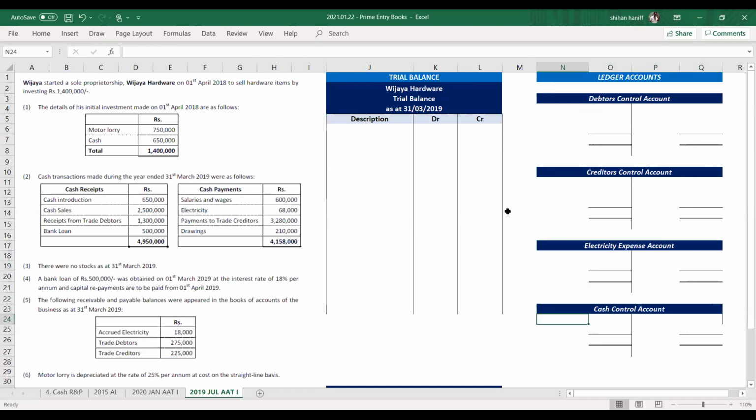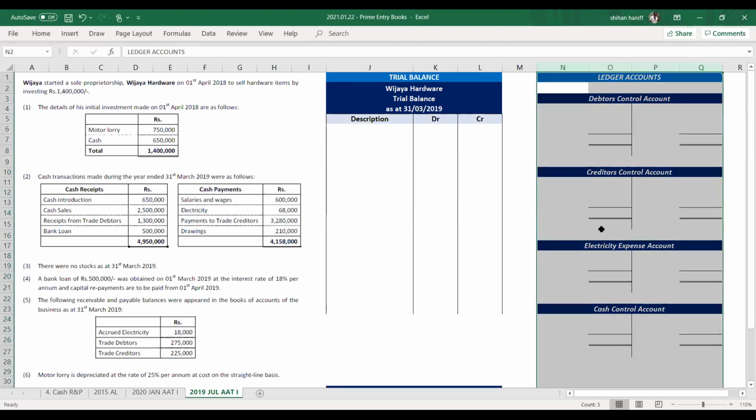As we did in the previous sum, let's start with ledger accounts.